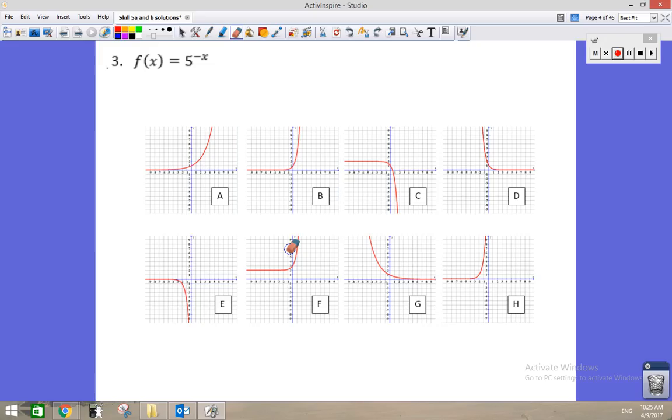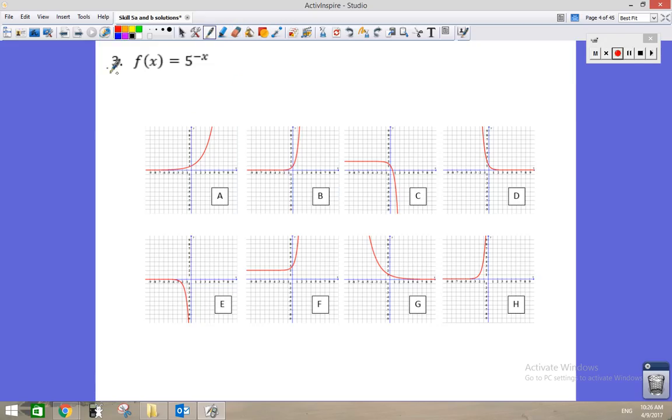Now I have another reflection, but this time instead of taking the opposite of the output of 5 to the x, I'm taking the opposite of x before we plug it into this 5 to the x. So it's a reflection across the y-axis.